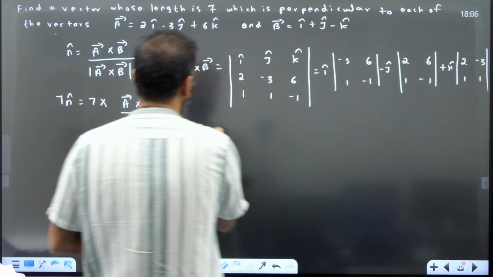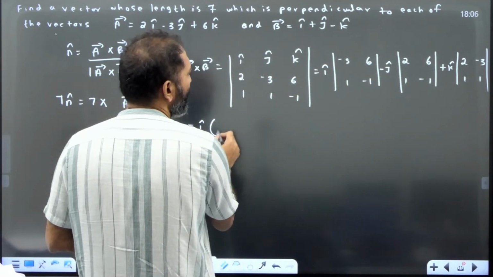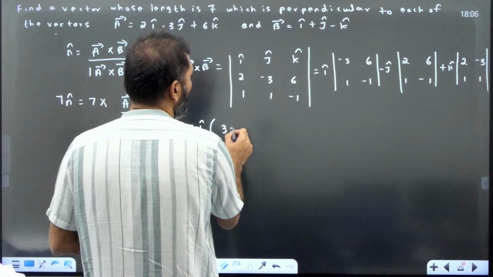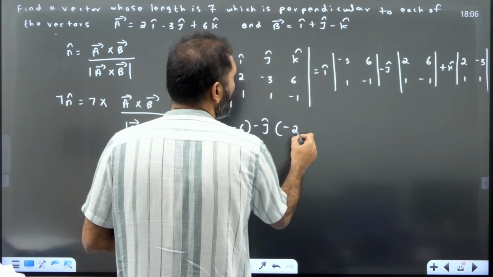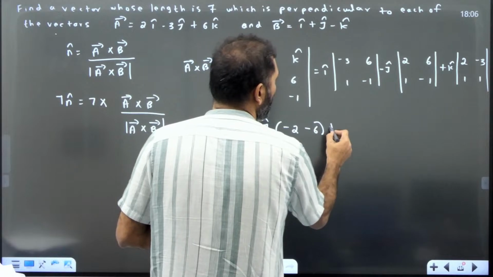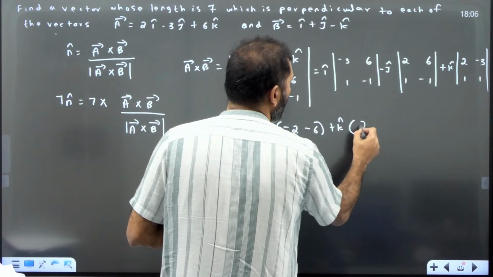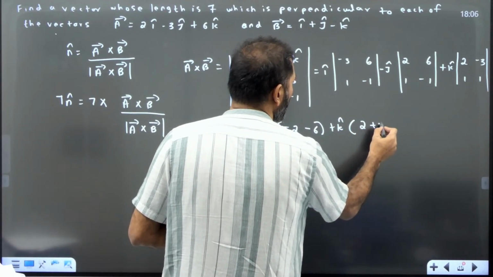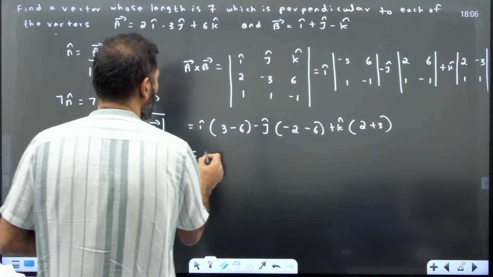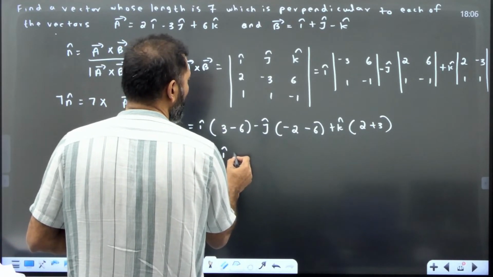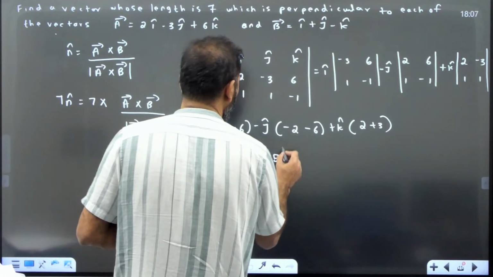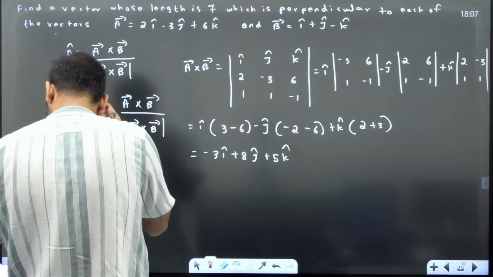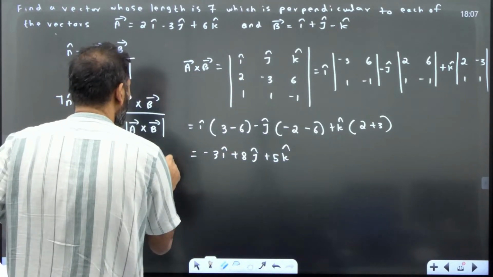So that is equal to i cap into 3 minus 6, minus j cap into minus 2 minus 6, plus k cap into 2 minus minus 3, so 2 plus 3. So what is that? Minus 3i cap plus 8j cap plus 5k cap. That is A vector cross B vector.